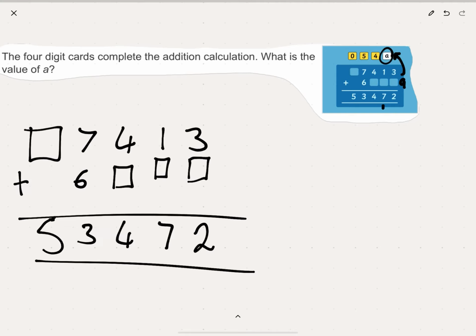Right. So 3 add something, I think that's 9. So let's assume it's 3 add 9 is 12, so we get there. So 7 add 1, 1 add something, add something. So we've got a choice of 0, 5 or 4. So let's try 5. 5, 6, 7. Yeah, so that's 5. Okay. 4 add something is 4. Well, that's 0. So this one here, 7 and 6 is 13.